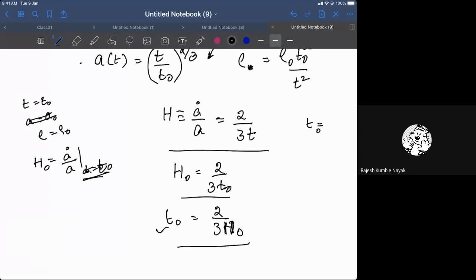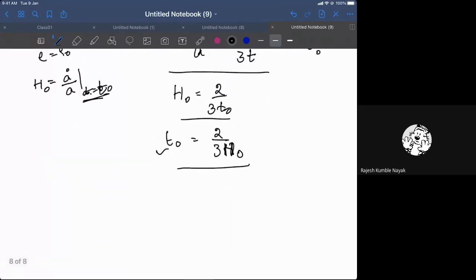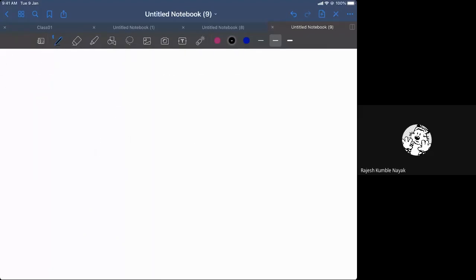So the same thing we can do with another interesting model. What we did not do is the radiation. Radiation means, let's assume that the universe is filled with radiation. That means you have a pressure related to density by rho equal to 3p, with c squared taken as 1. You might have come across this in statistical mechanics.